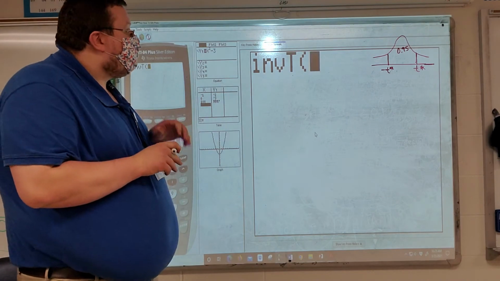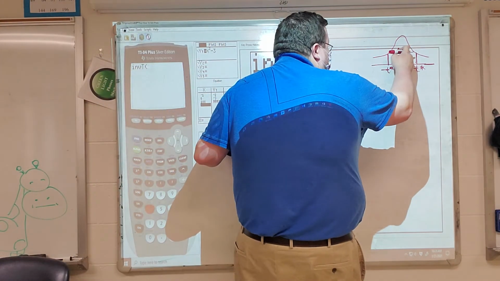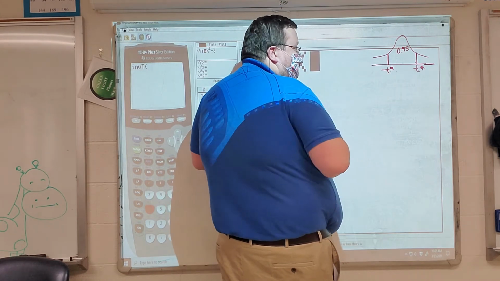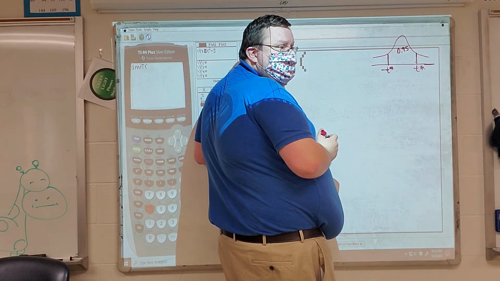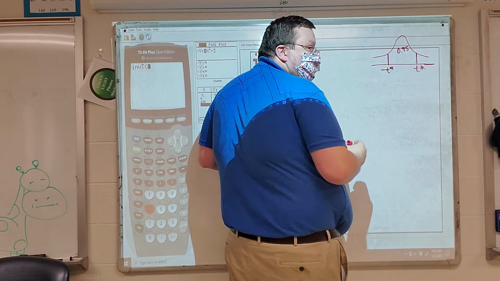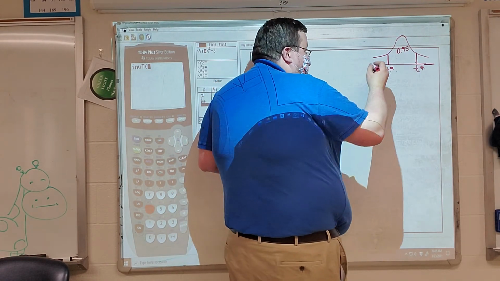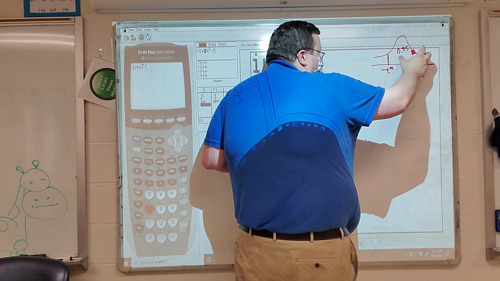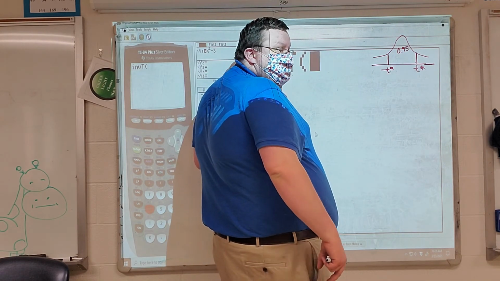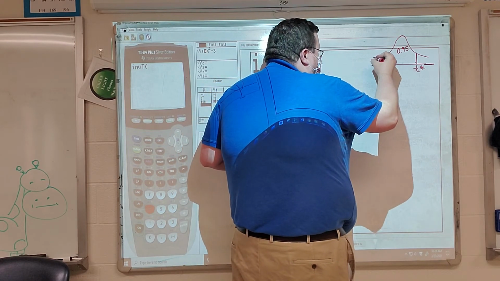If 95 is here, how much is here and here? 2.5% on each side to add up to 5 in order to make up the 100% with that 95. So it'll be 0.025 again.